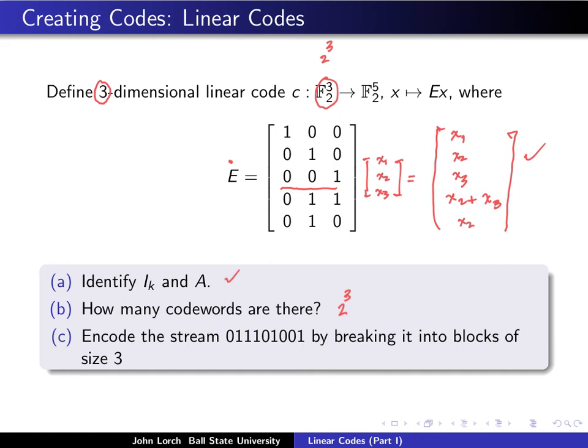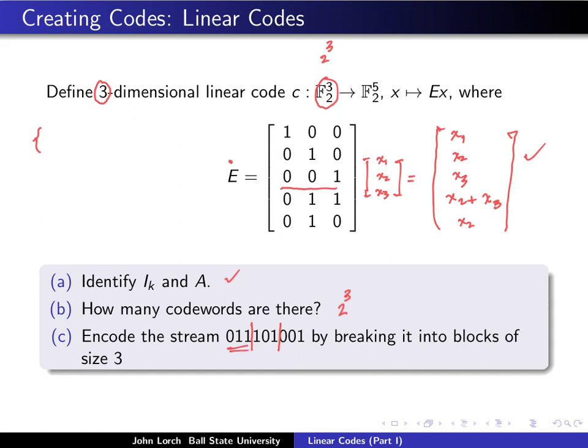All right, now we're asked to encode a stream of symbols by breaking it into blocks of size 3. So let us do that. We break these into blocks of size 3, and let's see if we can encode that stream. Let's first look at this first string 0, 1, 1.